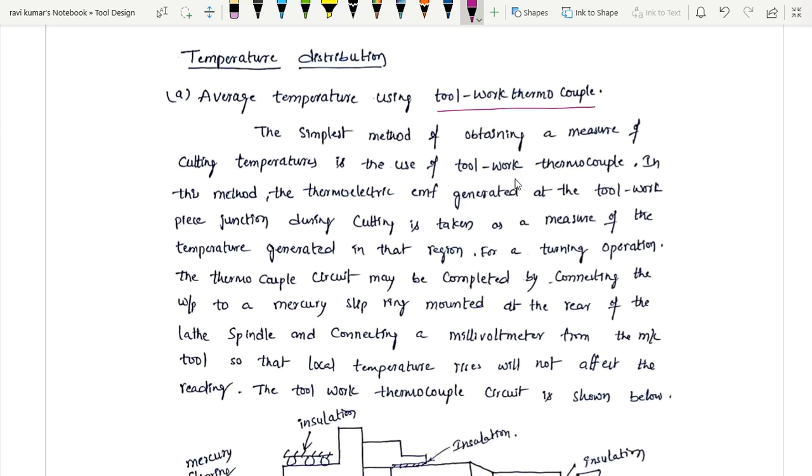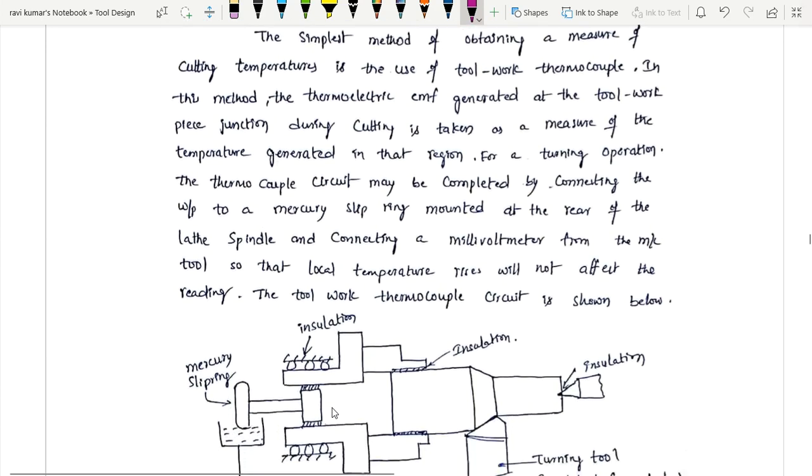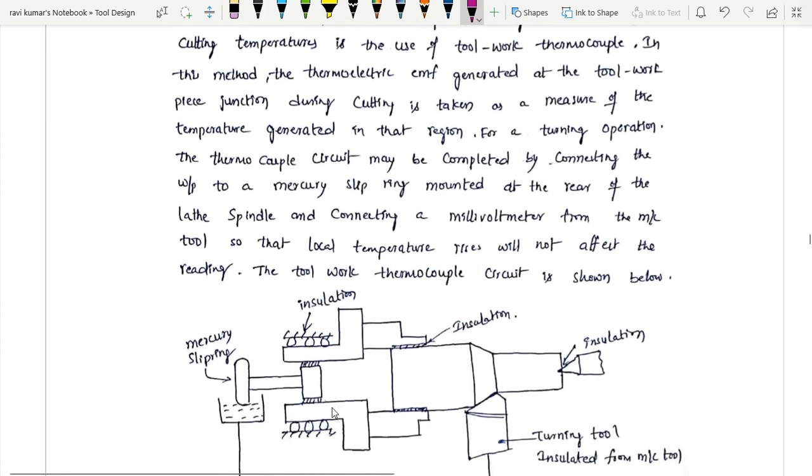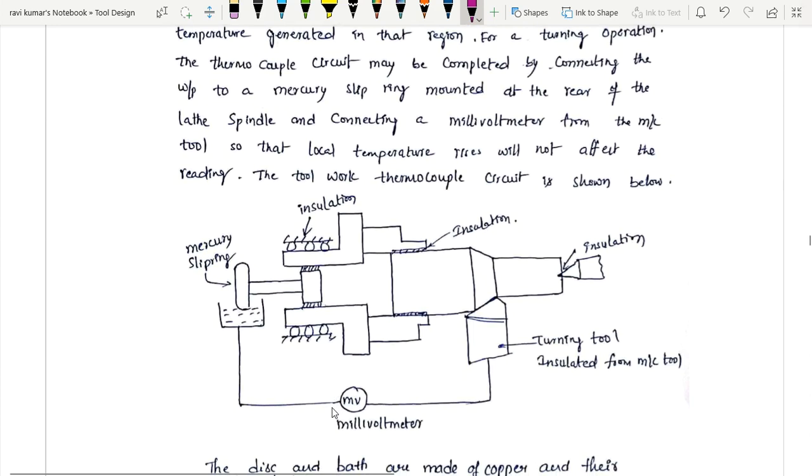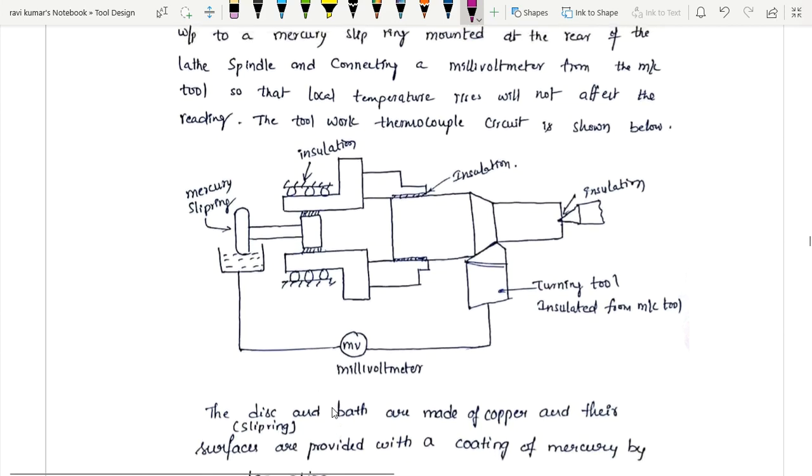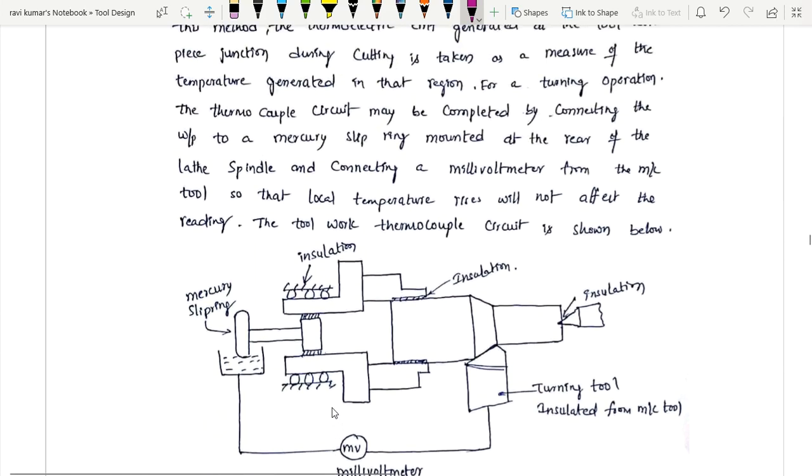So temperature distribution is measured or obtained by use of a tool work thermocouple. When I talk about this setup, I should understand that a thermoelectric circuit, or a thermocouple circuit, is formed.